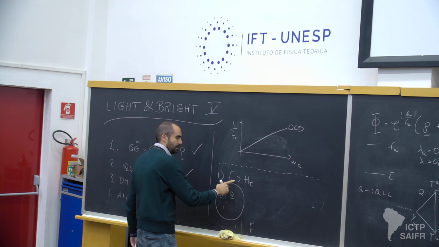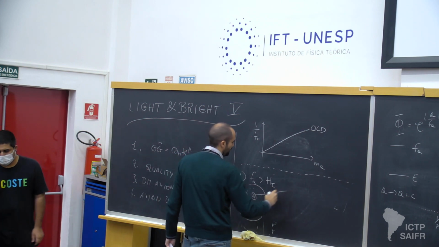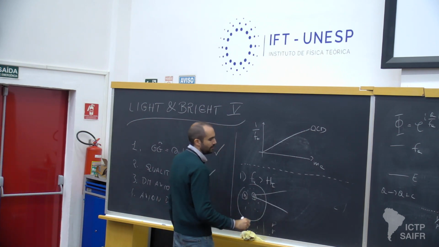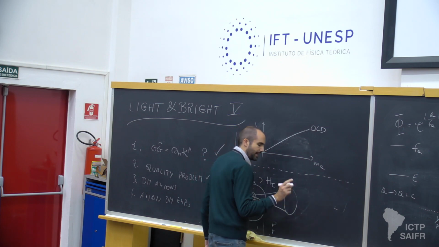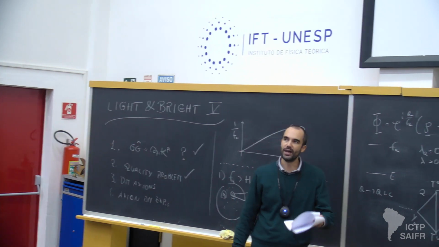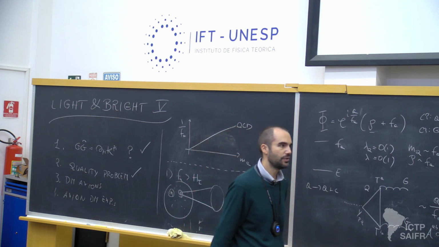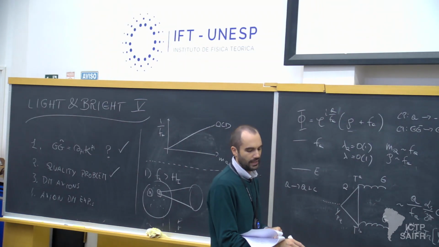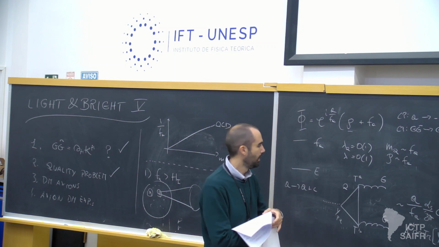But if F_A is bigger than Hubble during inflation, the axion already existed during inflation. So in practice, what we're seeing is a single patch that has been inflating until today. So we expect theta to have the same value everywhere in our universe, and our simple calculation of the relic density is not so far off the mark.